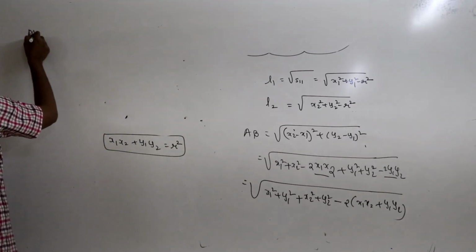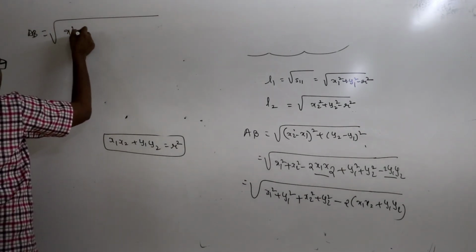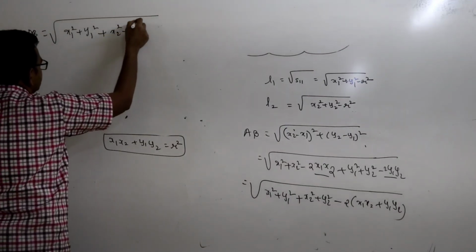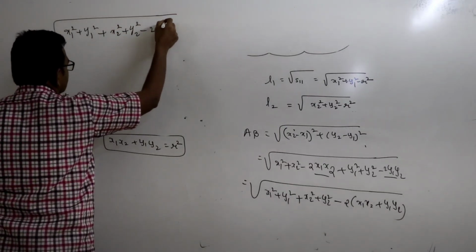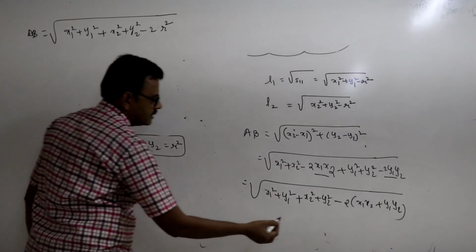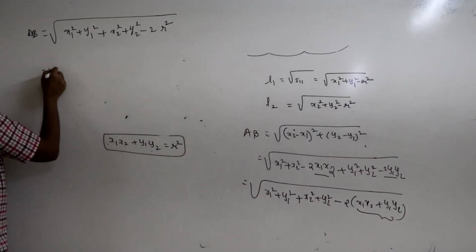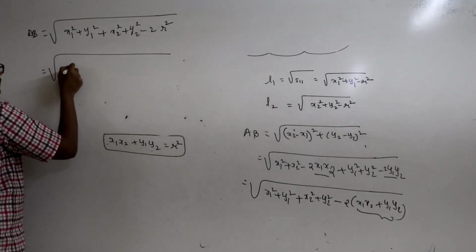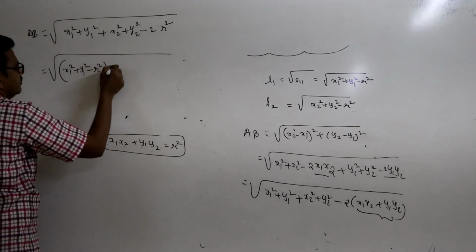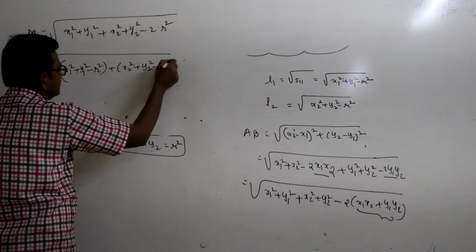Therefore, AB is equal to root of x1 square plus y1 square plus x2 square plus y2 square minus 2r square. Since x1 x2 plus y1 y2 equal to r square, in place of that write r square. Therefore, that is root of x1 square plus y1 square minus r square plus x2 square plus y2 square minus r square.